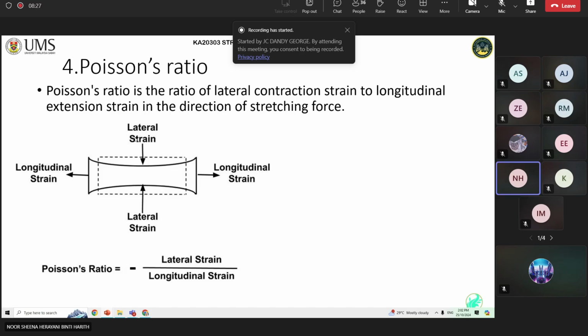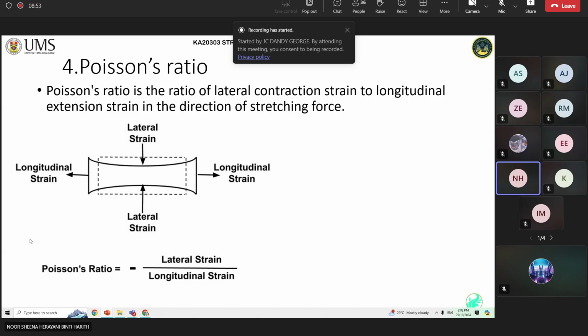So this part, when a compression force is applied to this material, is what we call the lateral strain, meaning that the size is reducing. But if we have a longitudinal strain, it stretches this material, so the length has increased.